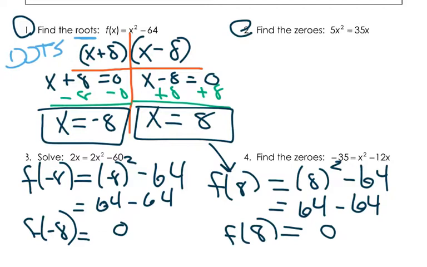Those are the x-intercepts right here. Looking for x-intercepts means we're looking for when y is equal to 0, which is f here. Remember, f of x is a fancy way of saying y. All right, I'm going to erase this so we have some space for number 2.